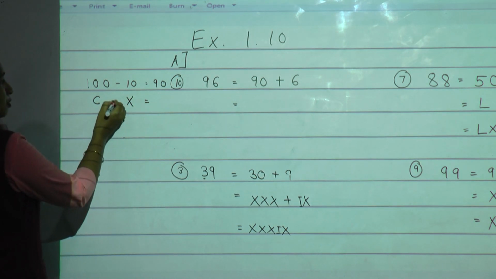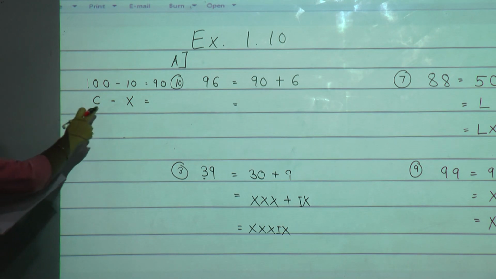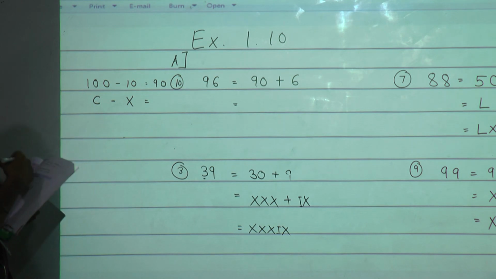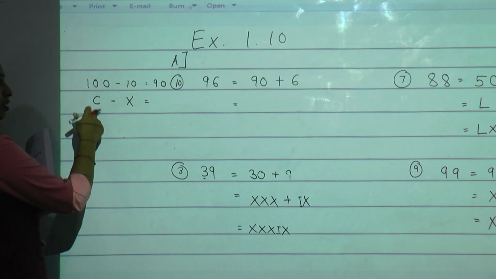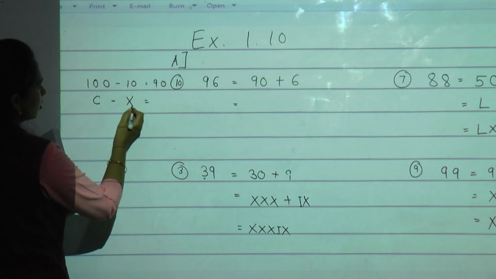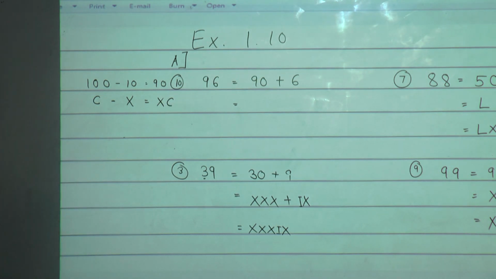So whenever we do subtraction, a smaller numeral is written to the left side of the greater value. We do subtract. So how we have to write this? First X and then C. So this is 90. Understood?